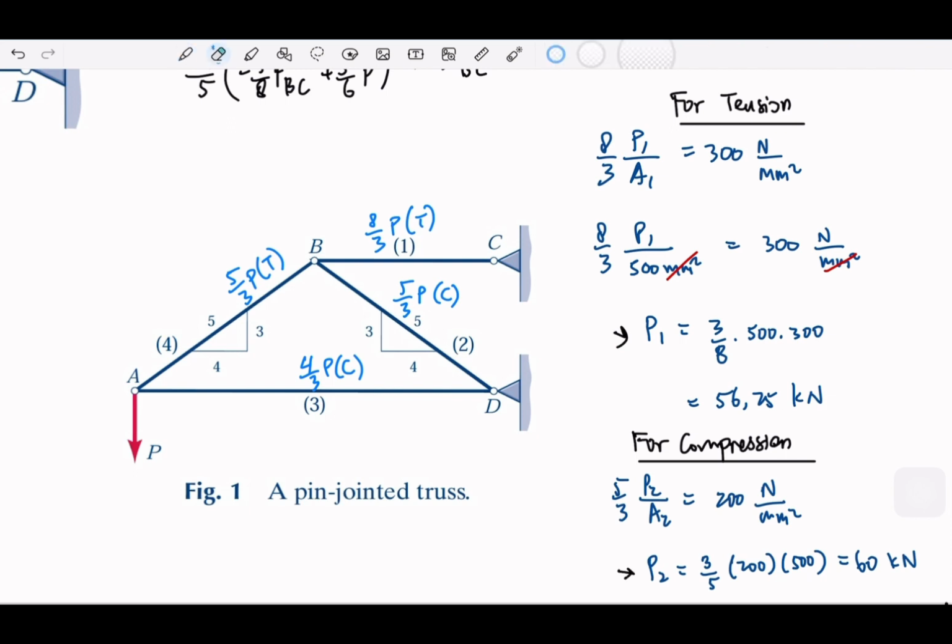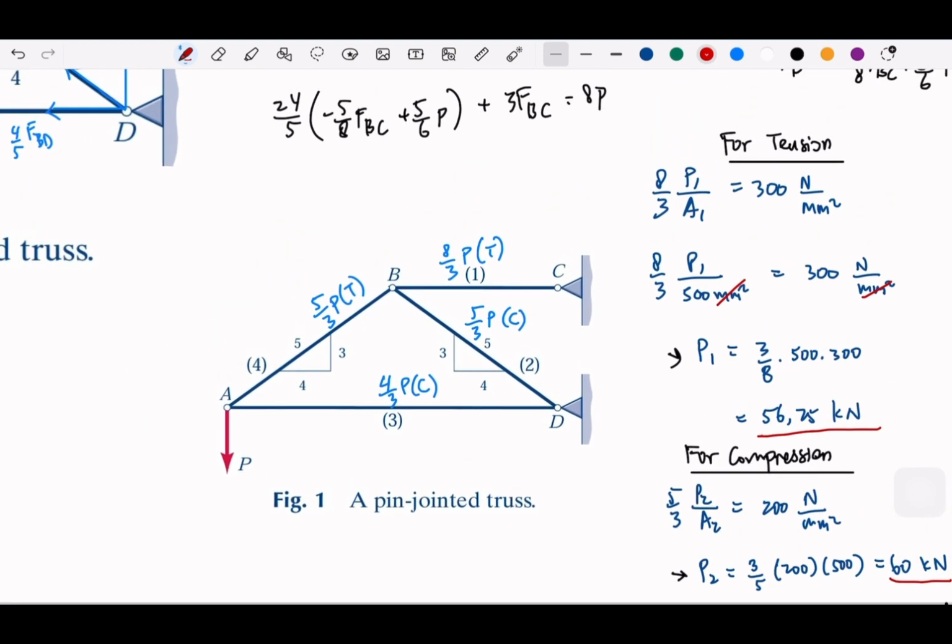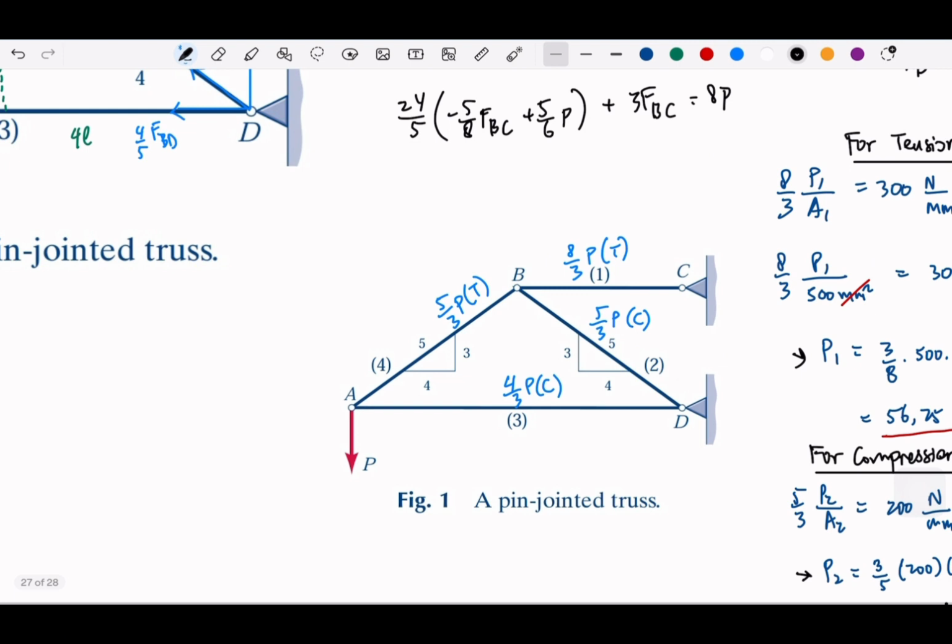We get all forces, okay? And since we have these two, we need to take one, okay? So since this is going to be allowable for all conditions, since P1 is smaller than P2, then the P allowable will be the smallest one.